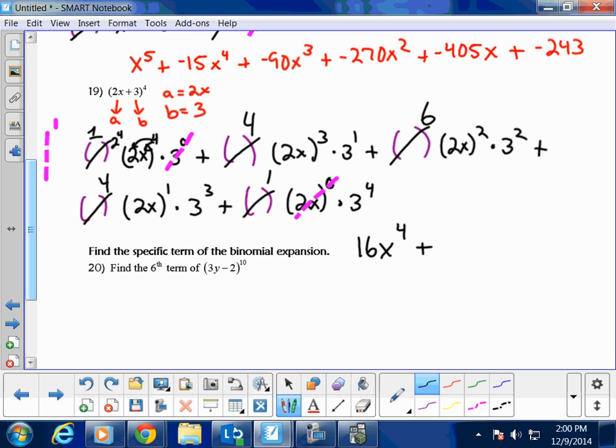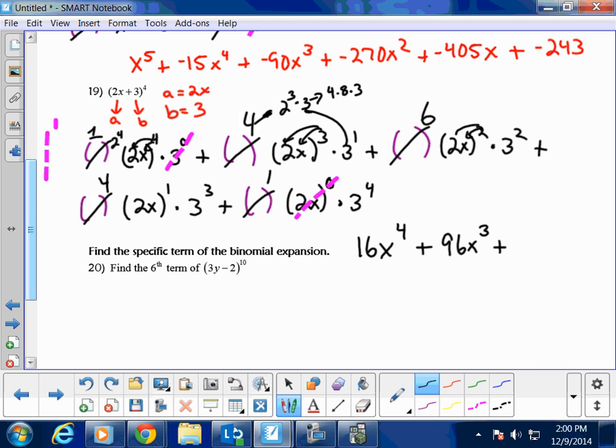The second term, I'm going to have 2 cubed times this one, which is going to be 3 times 4. So I have these three values I'll be multiplying together, which is 4 times 8 times 3, which comes out being 32, which comes out being 96. So it's going to be 96x cubed.